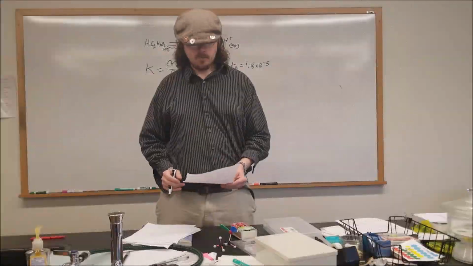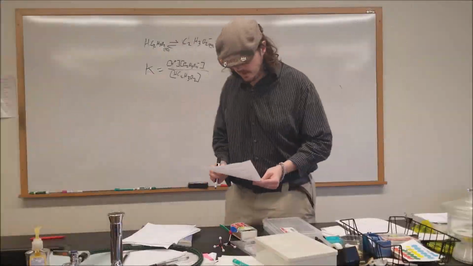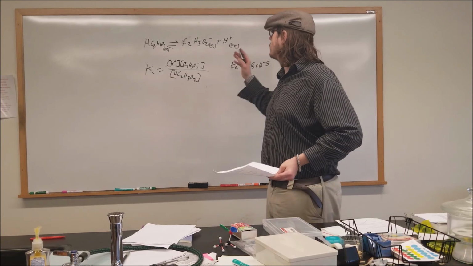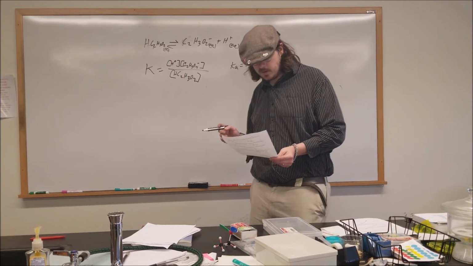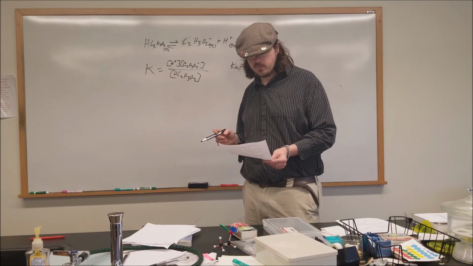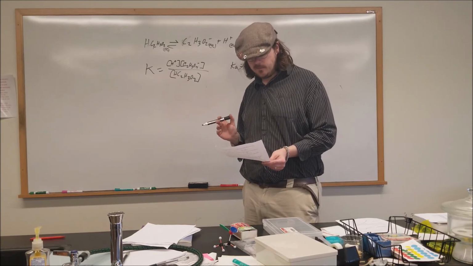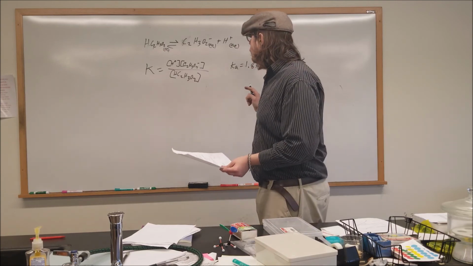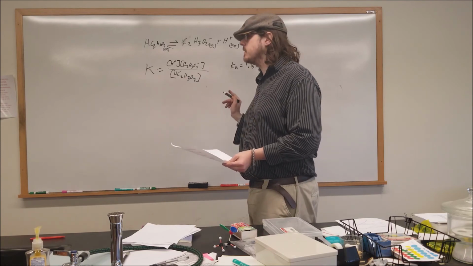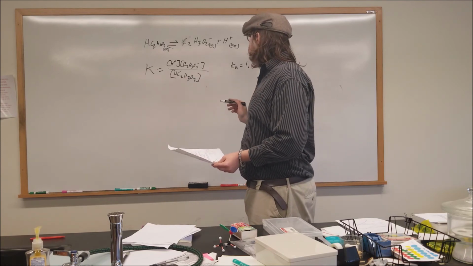Problem number 5. We're told that we have this reaction: acetic acid breaks down into a proton and acetate reversibly. And we're asked which way the reaction will shift under the following conditions. The Ka, which we haven't learned yet, but essentially the K for an acid, is equal to 1.8 times 10 to the negative fifth.